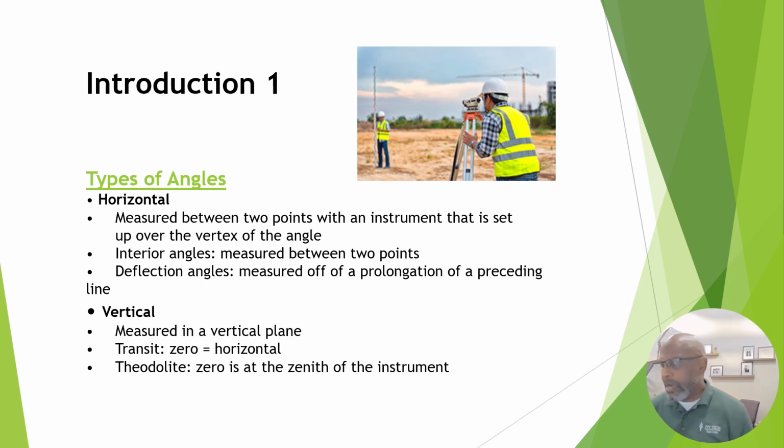So vertical angles are measured in a vertical plane. That is, when an instrument is set up and leveled, the angle is measured using the vertical circle of the instrument.